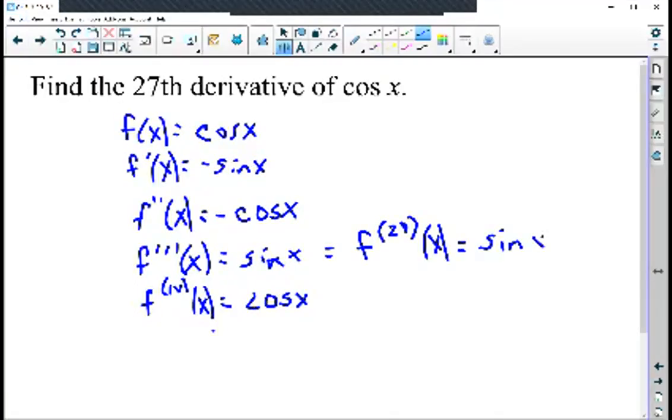That's one of the nice things about sine and cosine. They cycle through.